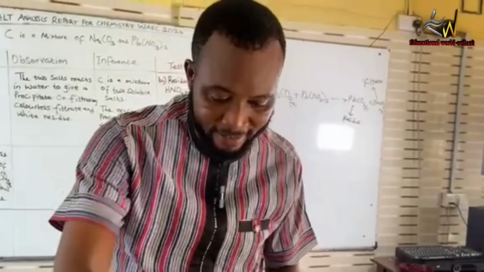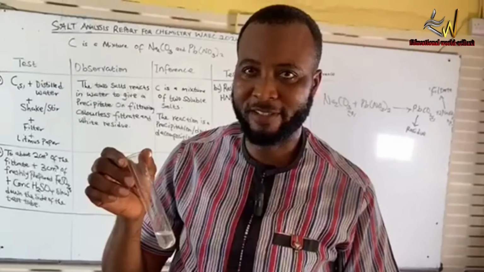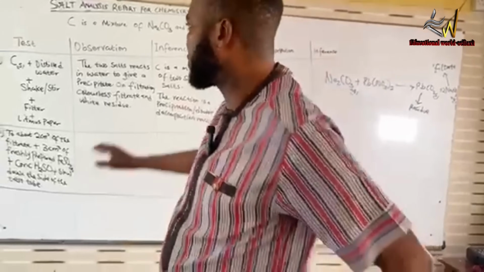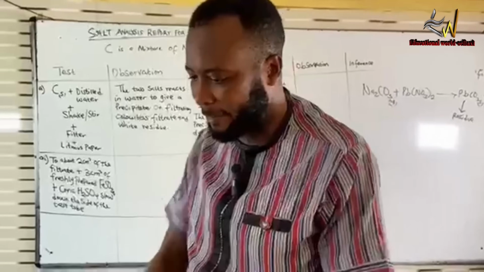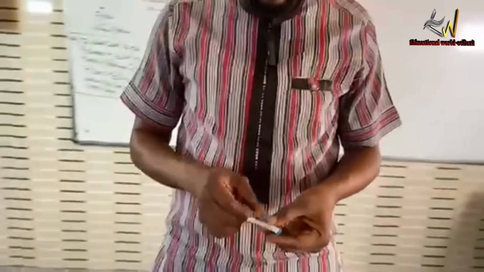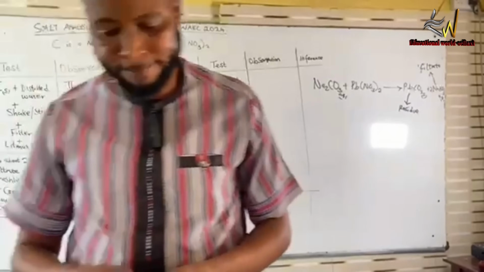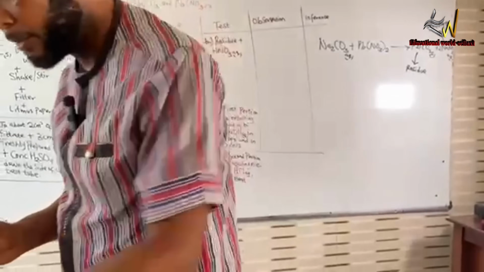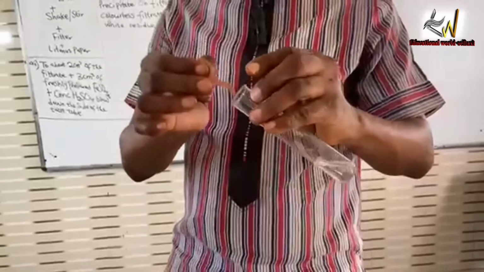Then you can see our filtrate, colorless filtrate. Please ensure you report your observation and inference this way. Now let's test the filtrate. This is my blue litmus paper, and this is my red litmus paper. All right. So I test.